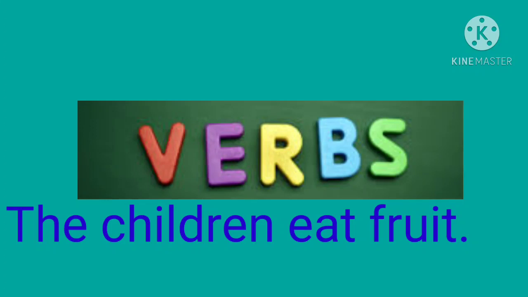So here in this sentence, what do the children eat? Yes, the answer is fruit. So fruit is the object of the verb eat. Eat is a verb and fruit is the object, right? In this sentence, the children eat fruit. So we need some words to make a sentence complete in sense, right?